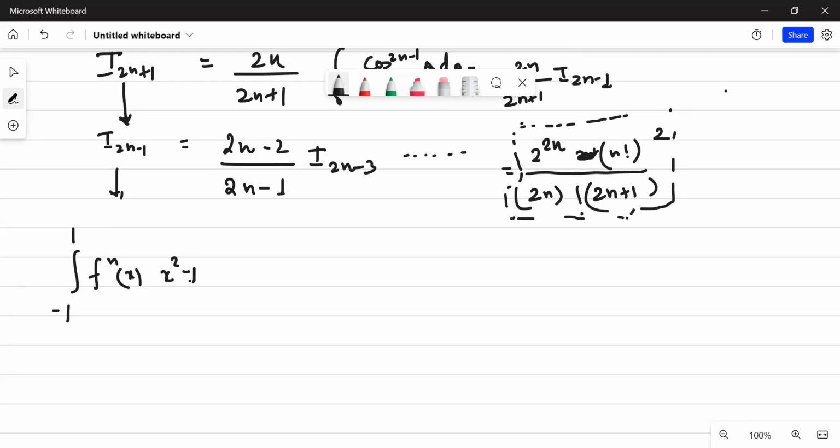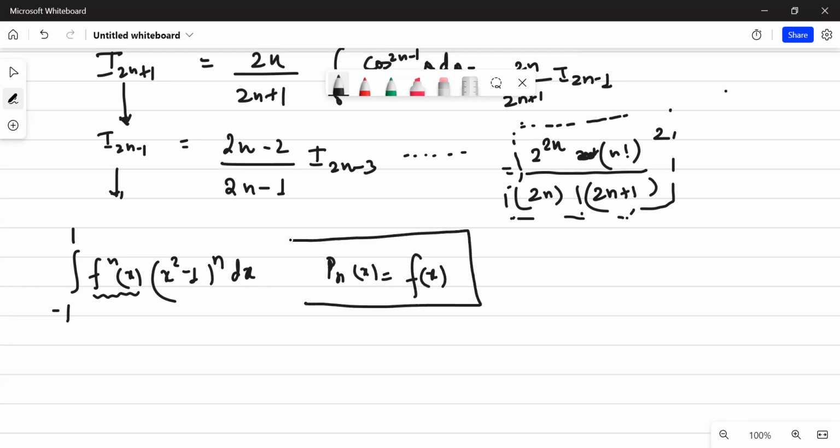We would try to find x square minus 1 की power n dx, and instead of fn we were writing pn. So instead of fx we were writing pn. Is that clear to you? थोड़ा सा difficult है, but I somehow, is that clear or not?